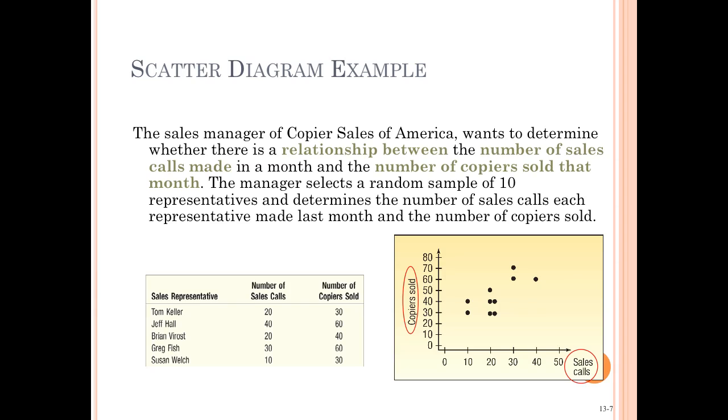So he wants to predict the number of copiers sold from the number of sales calls. So your sales calls are going to be your X or your independent variable, because that's the one that will change. And your copiers sold is your dependent variable. It depends on the number of sales calls.